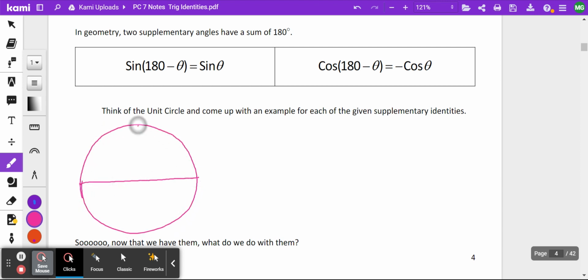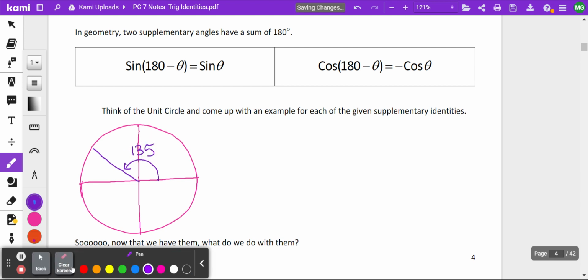And we'll pick an angle for ourselves. Let's see. Let's go with 135. So this is 135. Let me get that other pen. It's better. Okay, and as we label this, we know this is a 45, 45, 90. So this is negative root 2 over 2. This is positive root 2 over 2. And of course, it's a unit circle, so that's 1.